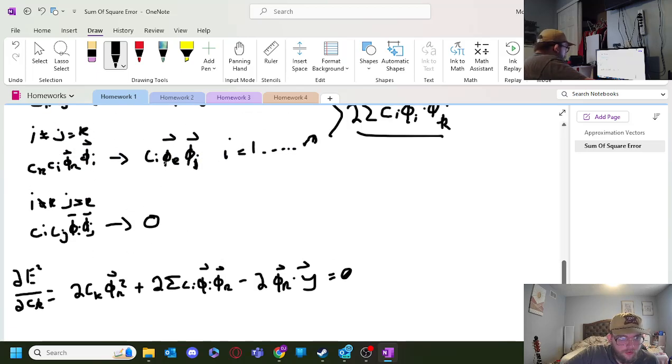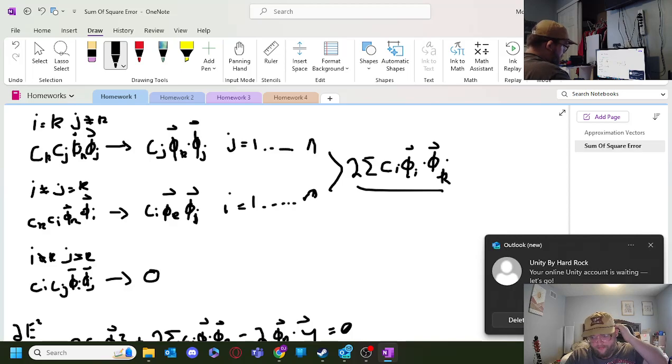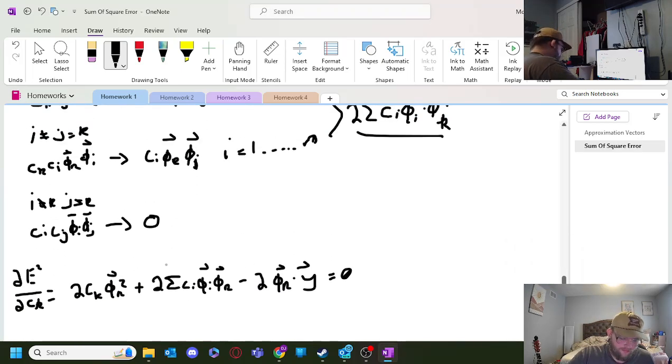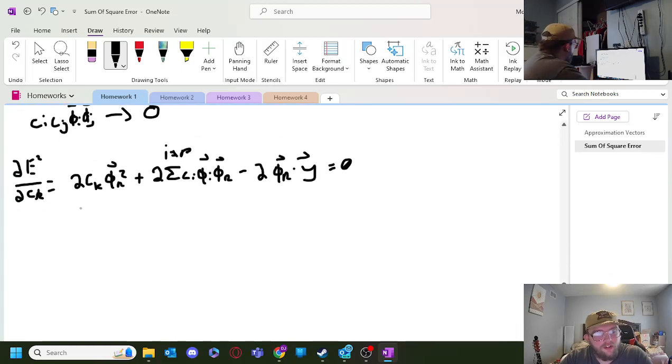However, because of our statement up here, where we said i and j do not equal k, we come down here and have to say i does not equal k again. So we can combine these two and get rid of this i does not equal k. So we go here, say 2 sigma Ci phi i phi k.